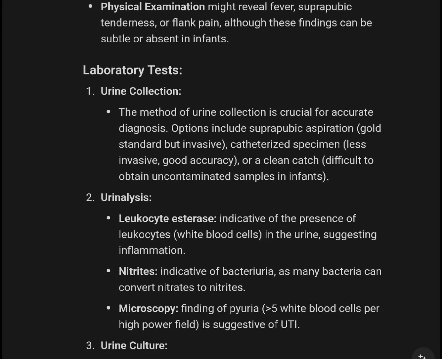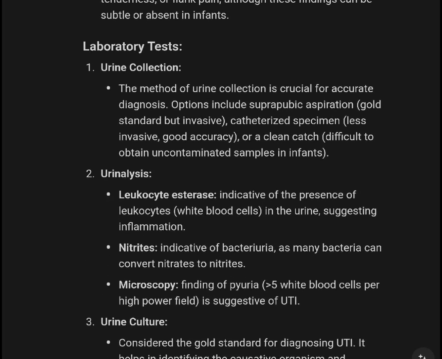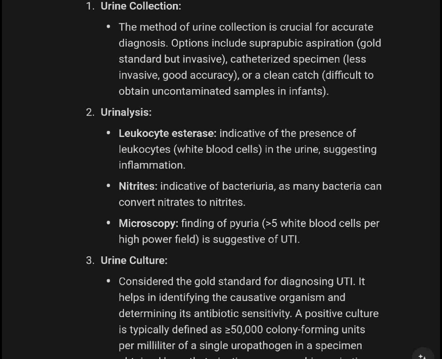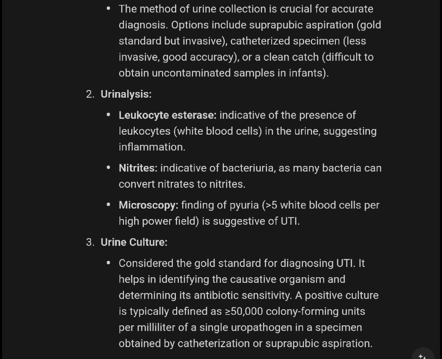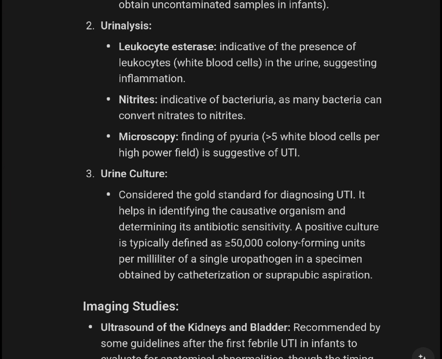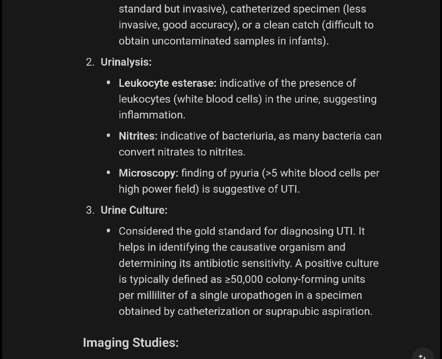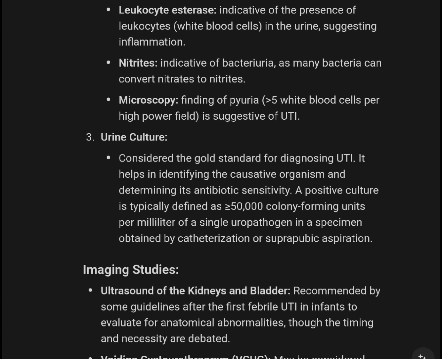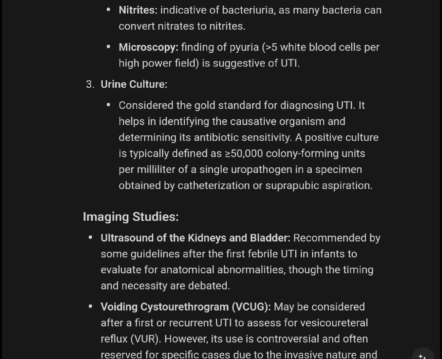Urine collection options: suprapubic aspiration, the gold standard but invasive; catheterized specimen, less invasive with good accuracy; clean catch, difficult to obtain an uncontaminated sample in infants. Urinalysis: leukocyte esterase indicates the presence of leukocytes, white blood cells in urine, suggesting inflammation; nitrites; and microscopic finding of pyuria over 5 white blood cells per high power field is suggestive of UTI.